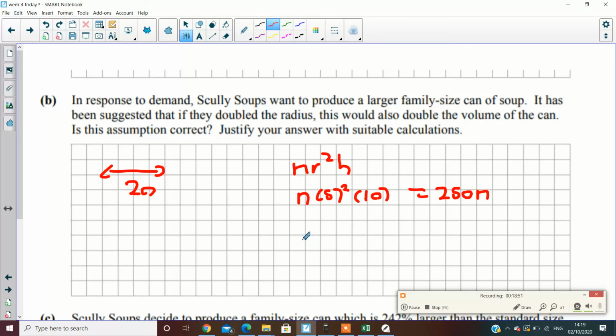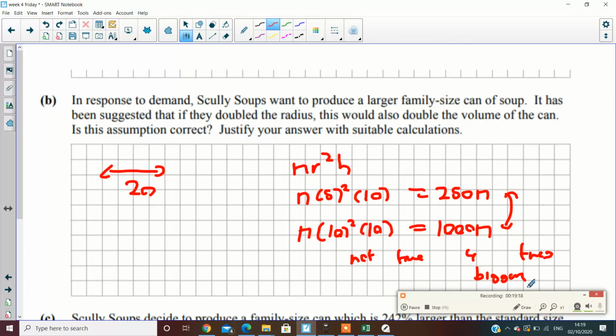However, if we double the radius, we end up with 10, and when we put that into the calculator, we get 1,000 pi. Now, when it's 4 times bigger, the word is quadruple, not triple.